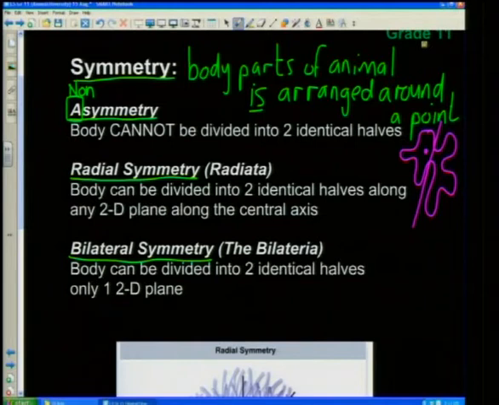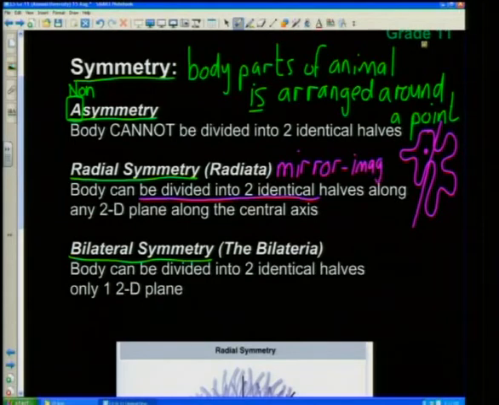Let's look at the next one, which is radial symmetry. The body can be divided into 2 identical halves, or 2 mirror images. The one half is going to look like the other half along any 2D plane along the central axis. The emphasis is on that word, any. I'm going to talk about a little animal later on called the hydra, with tentacles.